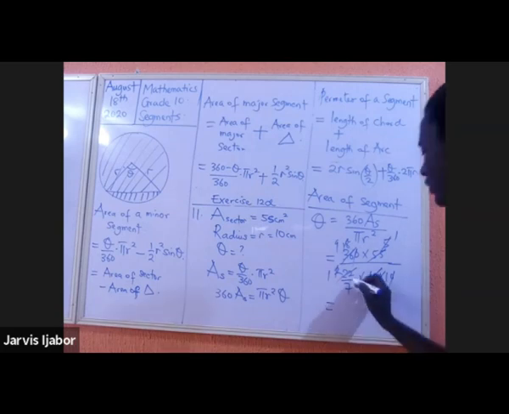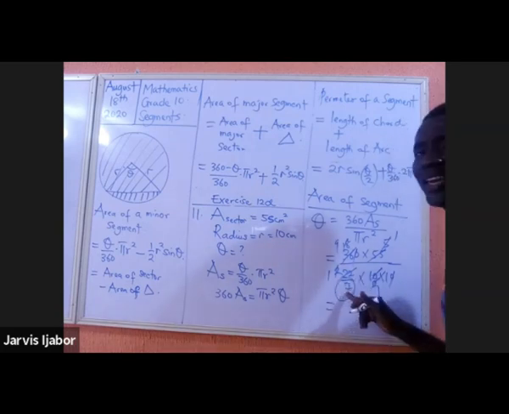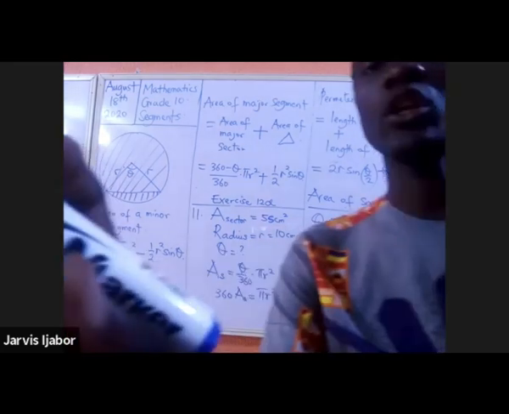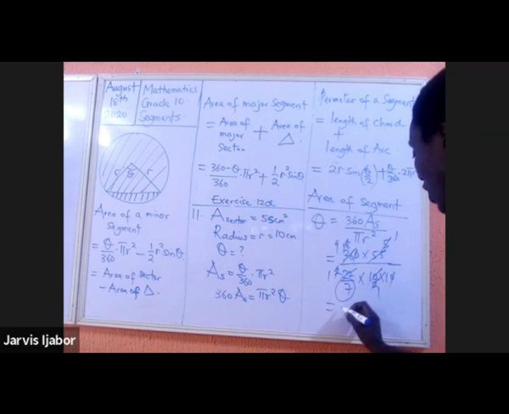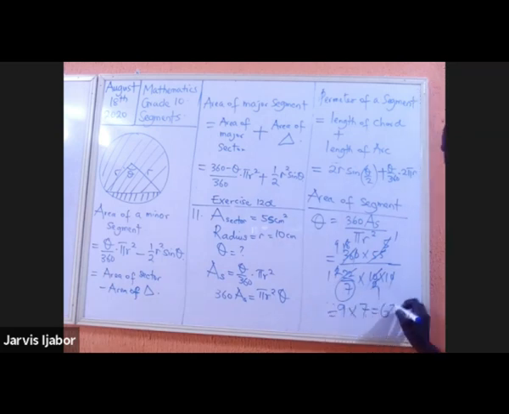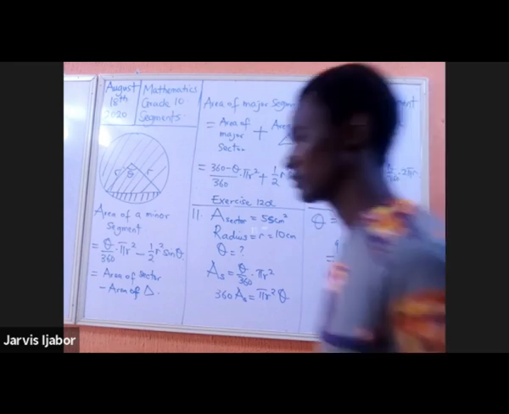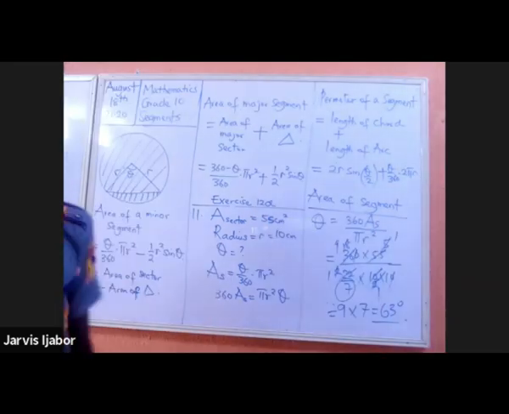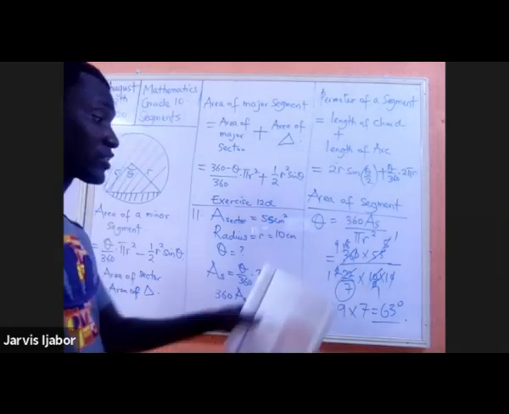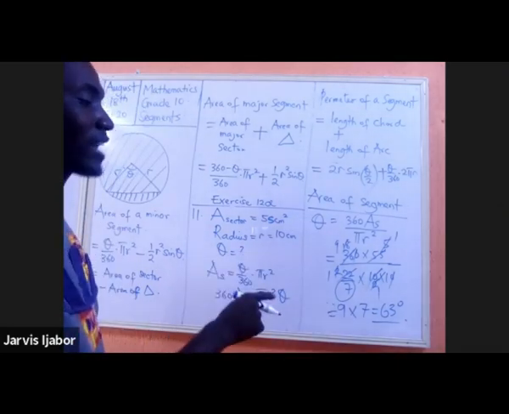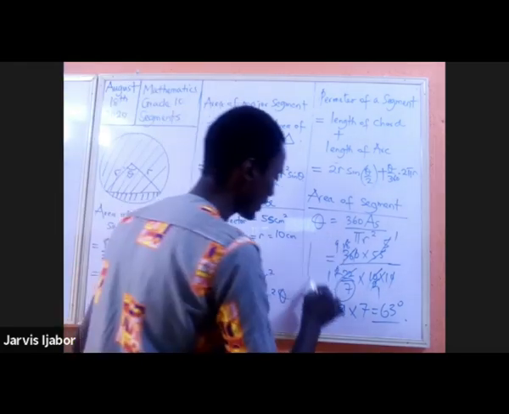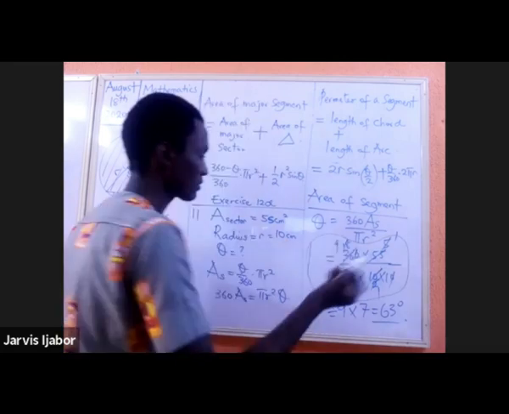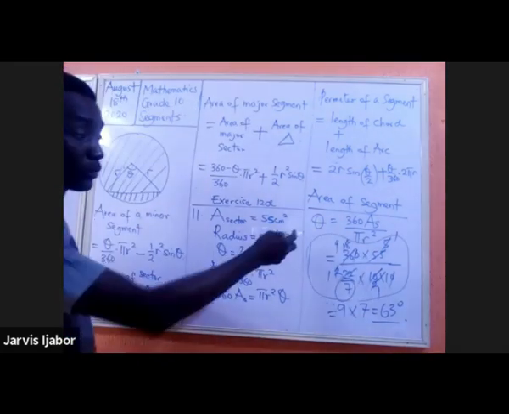Now, watch this number. This is a denominator of a denominator, and a denominator of a denominator is essentially a numerator. So this becomes 9 times 7, and that is 63 degrees. So the angle at the center is 63 degrees. Every average student at this level should be able to handle this because that's not something I will be teaching you at this level.